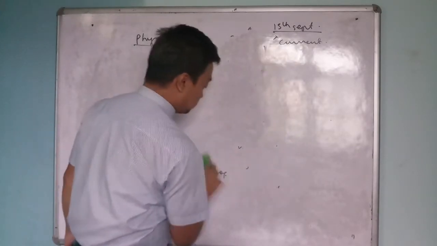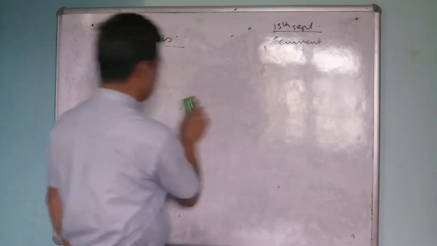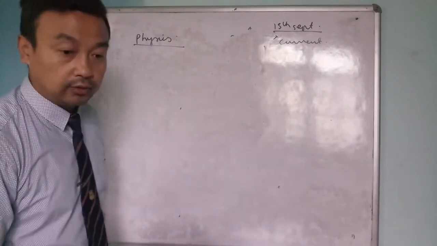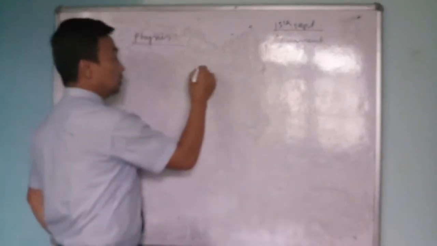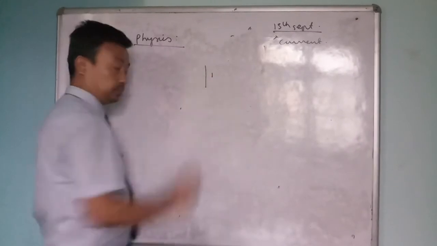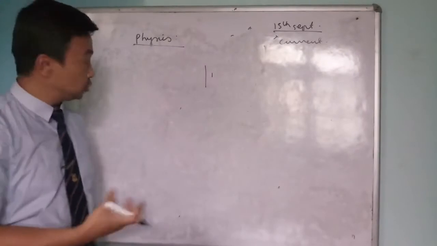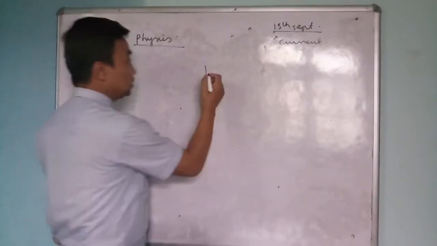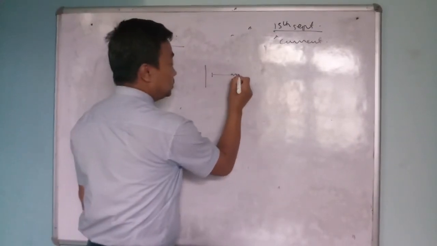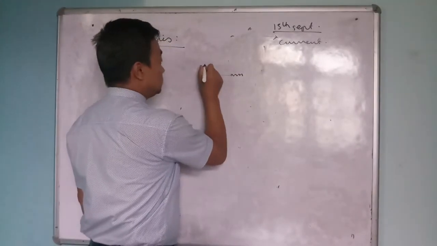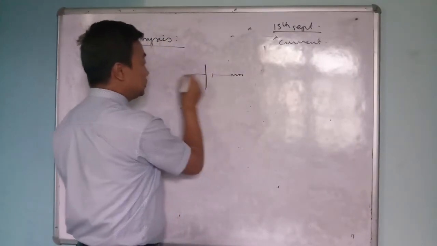Let us construct a circuit through which the current is flowing. Let us say this is a cell. From the cell, what is drawn is the source of the current. Suppose this is your internal resistance, this is the negative terminal and this is the positive terminal.